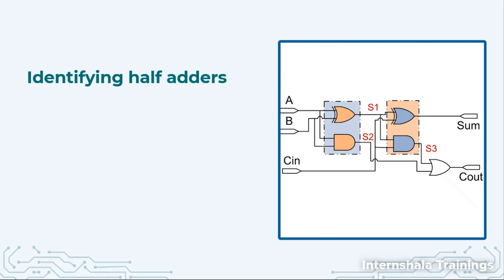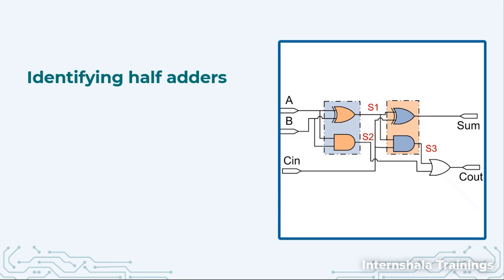In the half adder also we had one XOR gate and one AND gate, and both of them had the same inputs A and B. And interestingly, we are able to locate one more half adder in the same circuit where the inputs are S1 and C in.